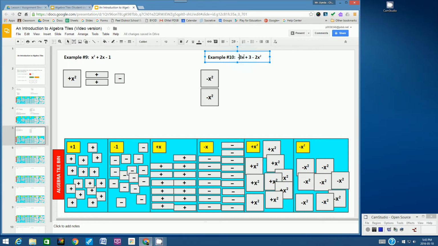Okay, let's look back at our original algebraic expression. Let's look for any x's. In this case, I've highlighted negative 3x. So how would we go about building that term?